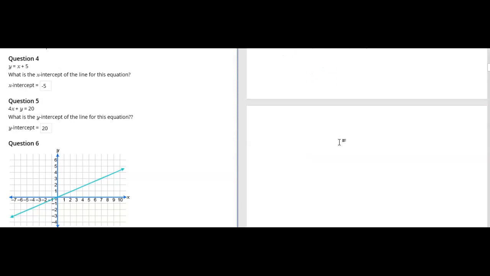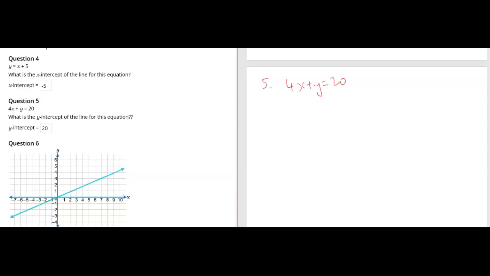All right, question number 5. Sorry, just changing colors. We've got 4x plus y equals 20, and we have to find the y-intercept. We can only read the y-intercept from an equation when it's in the form y equals mx plus c.